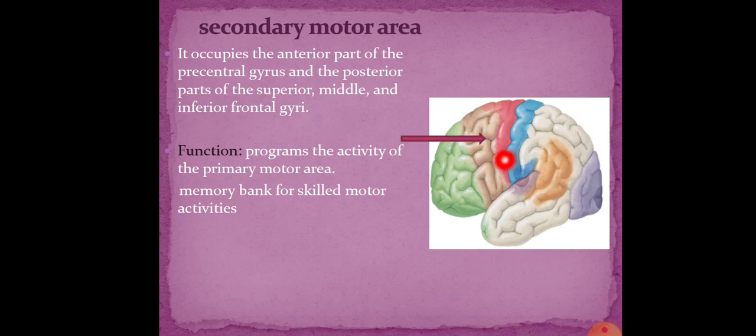Area 4 here responsible for carry out the individual movement. يعني الحتة دي مسؤولة من تنفيذ الحركة. أما الحتة الكولر باي براون احنا سميناها شنو؟ السكندري موتور اريا. دي مسؤولة من شنو؟ مسؤولة لي من ستور الموتور اكتيفيتي، ومسؤولة لي من شنو؟ تعمل لي بروجرامينج للاكتيفيتي اوف البرايمري موتور اريا.